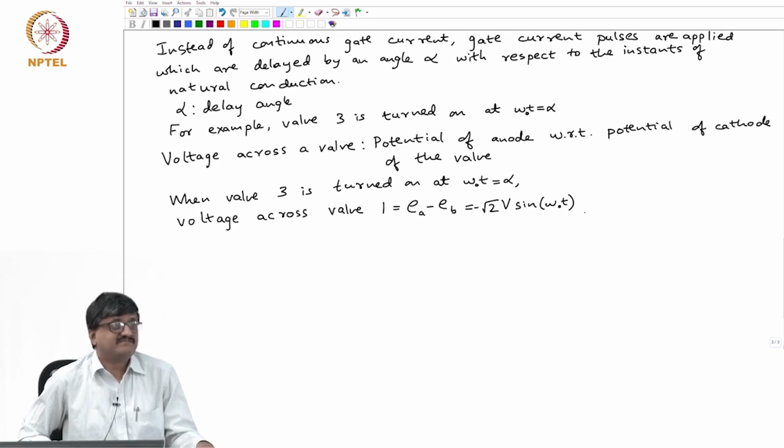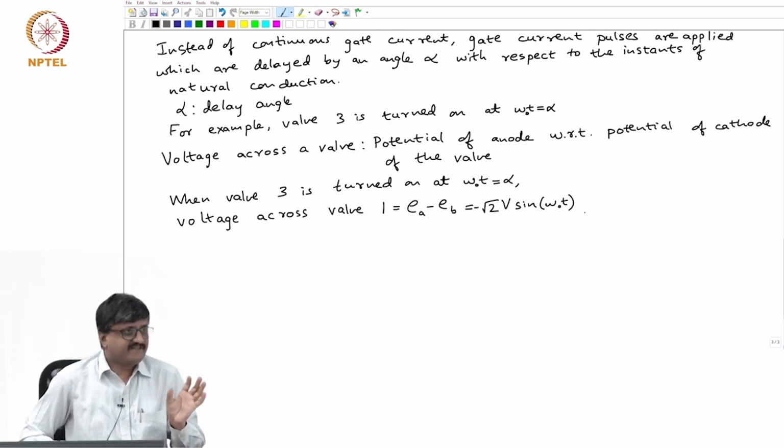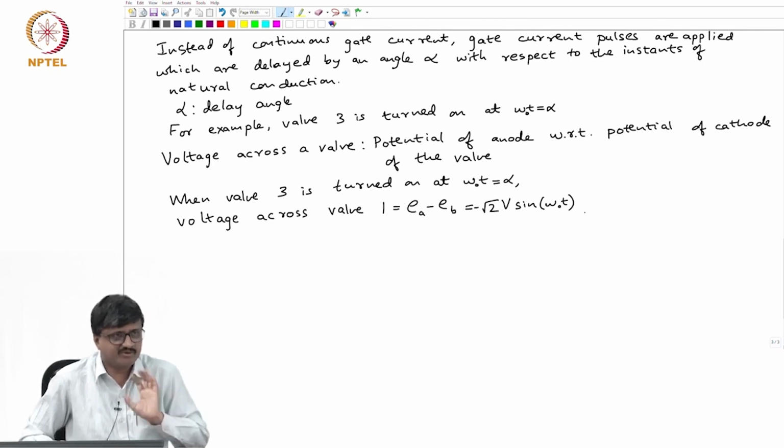That is a property of the thyristor. I will not get into the device physics here. A thyristor will actually start conducting again, once it stops conducting because the current goes to 0.